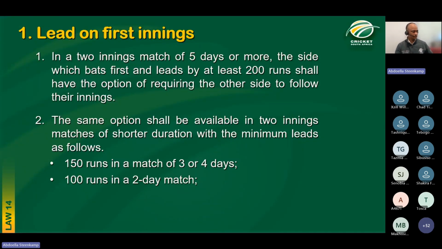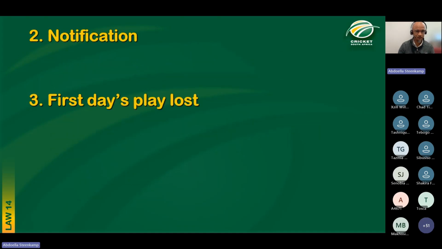In a 2-day match, the lead needs to be 100 runs. And in a 1-day game, and this is not a 1-day like a 20 over or 50 over game, this is where sides play 2 innings, but in 1 day. So in that instance, the minimum lead if it's a 1-day game is 75 runs.